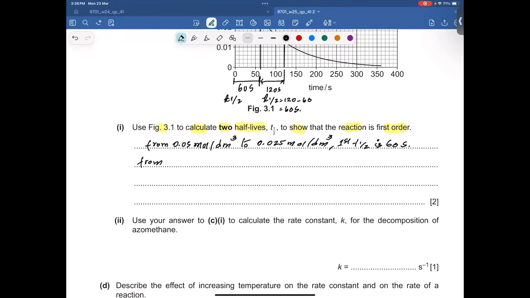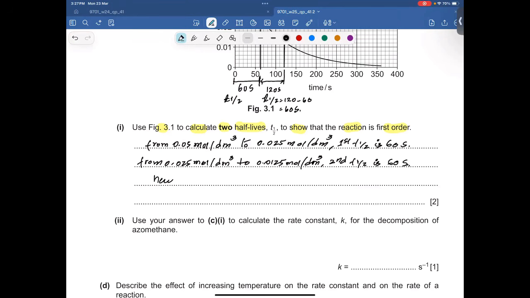Then from 0.025 mole per dm cube to 0.0125 mole per dm cube, the second half-life is again 60 seconds.